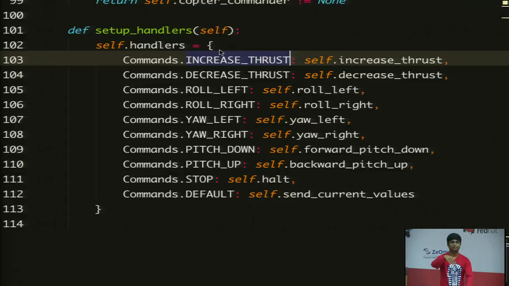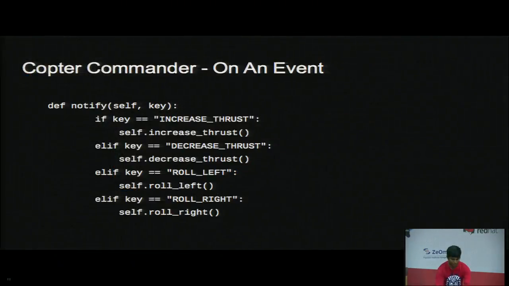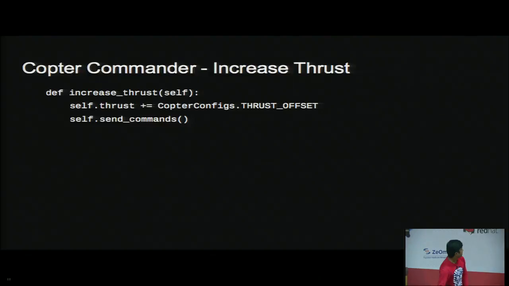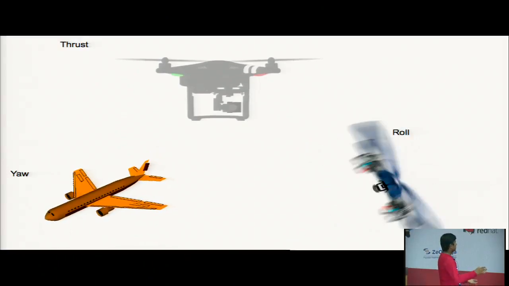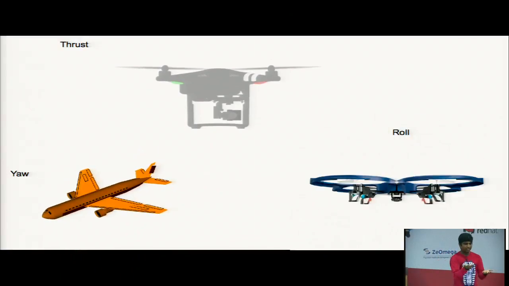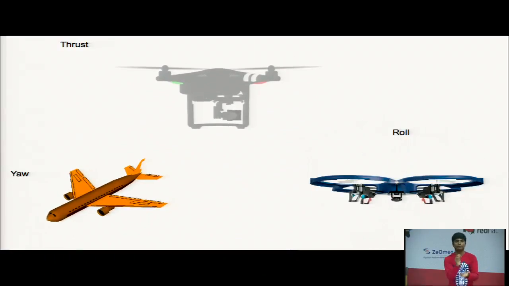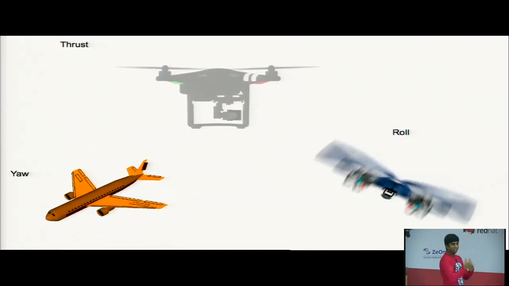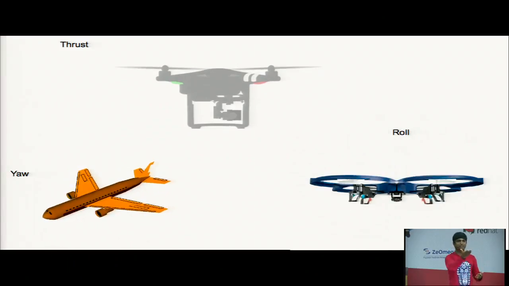Should I explain what it is first so that you guys can know? So in aerodynamics, thrust is basically the force produced by the propellers. Propellers are the fans on the copter. When they rotate faster, the copter goes up.